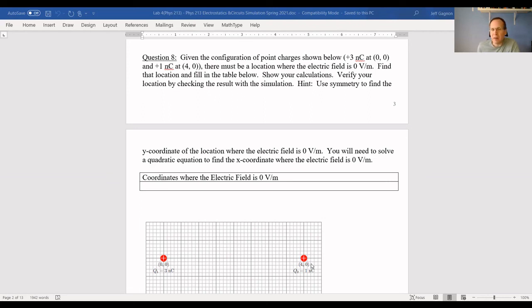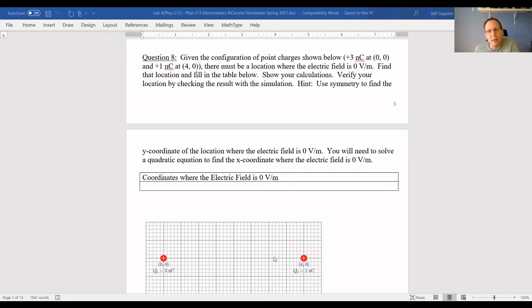Now, if you think about this, remember, the electric field due to the charge at (0, 0) is going to be directed in the positive x direction, and it'll be pretty large because you have a +3 nanocoulomb charge there. And the electric field due to the positive 1 nanocoulomb charge at (4, 0), if you're to the left of it, is going to be pointing to the left, because it points radially outward, away from a positive charge.